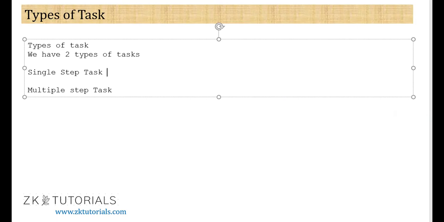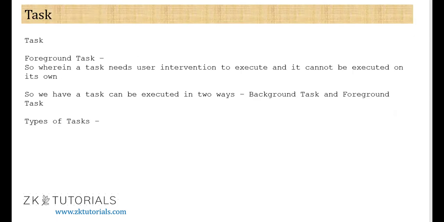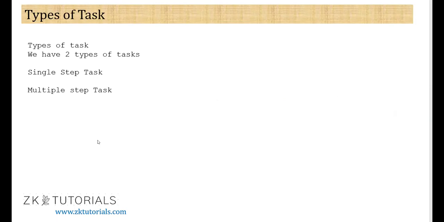Basically, the agent has to take an action on the foreground task. On this foreground task, an agent needs to take some action, so this foreground task needs some user action. Is this clear, guys?